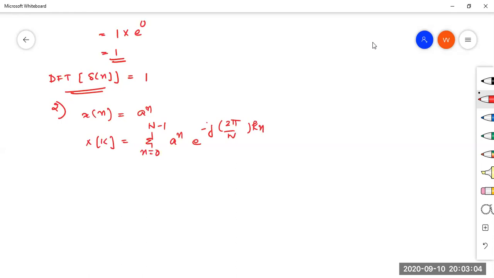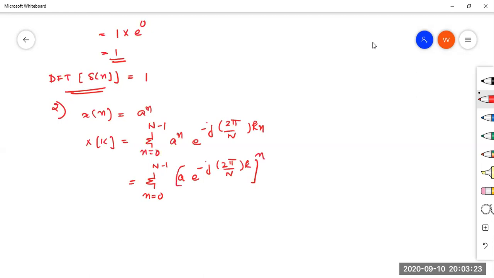Now here also n is not known. So what we can do is summation n equal to 0 to N minus 1 and you take n as common to these two terms. So what will happen? a e raised to minus j 2 pi by N k, all raised to n will come.